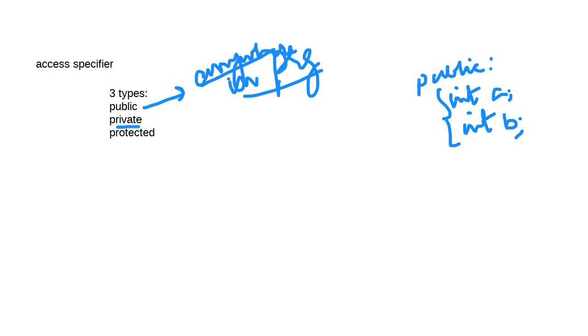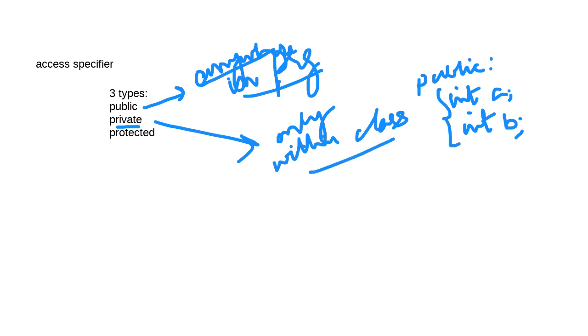Second one is private. We have already seen private as well. Private means only within the class, right? Only within the class, और बाहर कहीं भी accessible नहीं होते, not even in the main, right? And last one is protected.